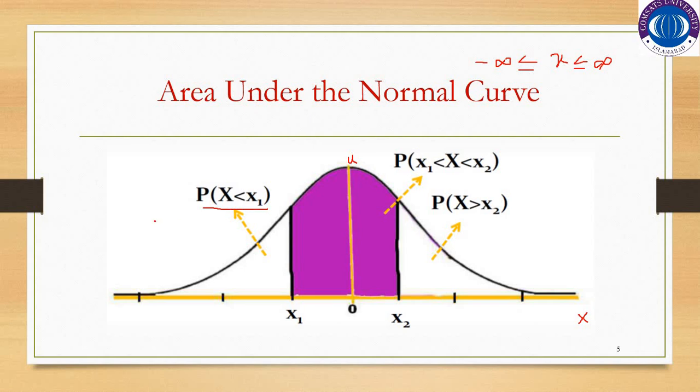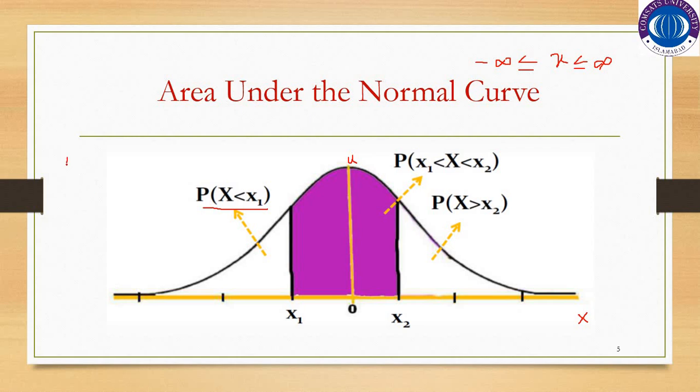It means that you have to integrate the probability density function of the normal distribution till the point x1, where x1 is some value in the range of the random variable x.